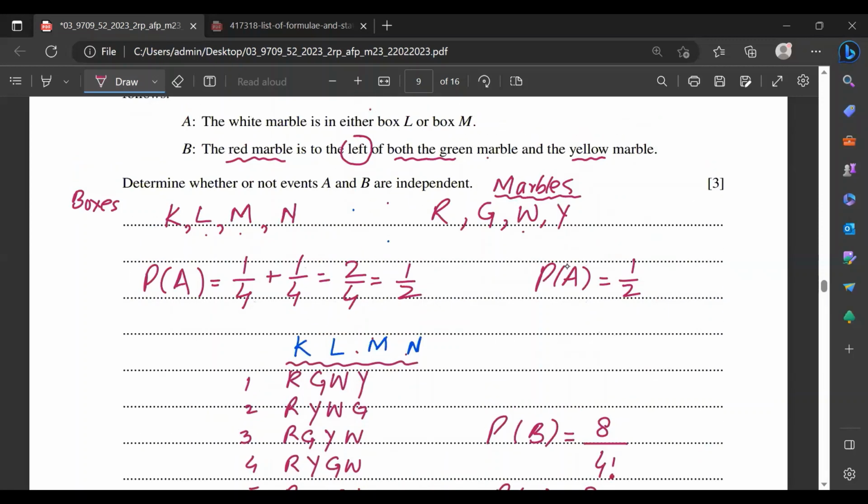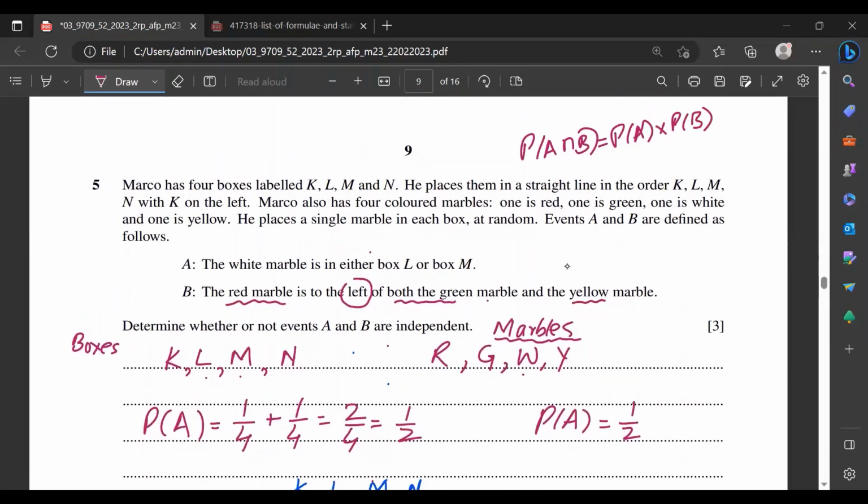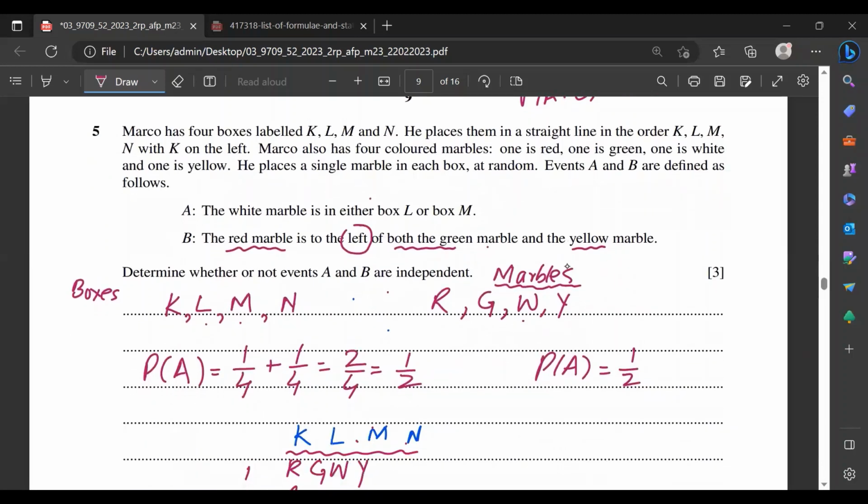To determine, the condition for independent events is probability of A intersection B is equal to probability of A multiplied by probability of B. So let us find the common thing. So the red marble is to the left and the white marble is in either. So you'll have to identify the cases where both conditions are satisfied.